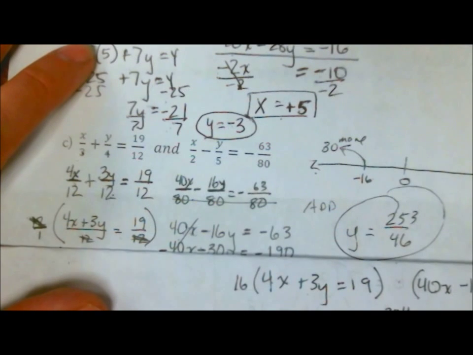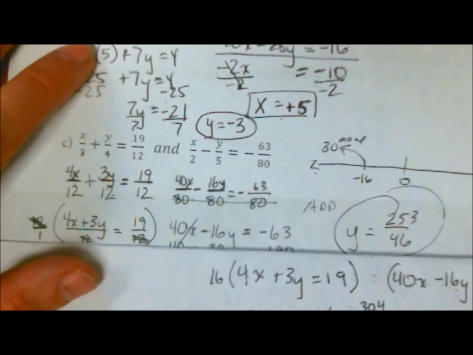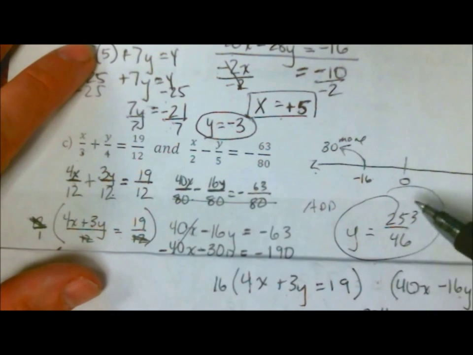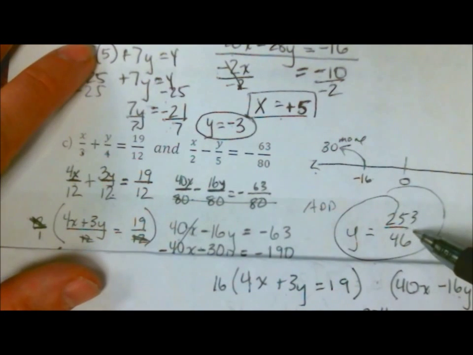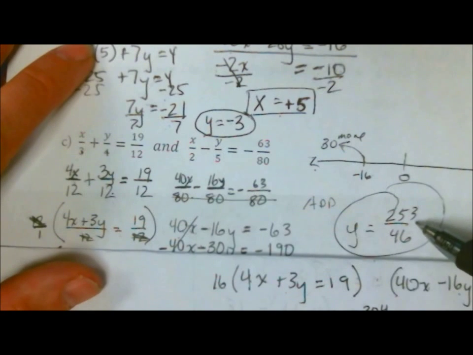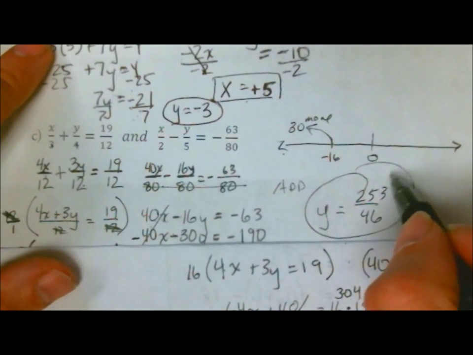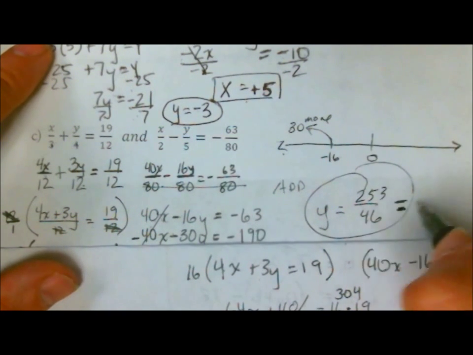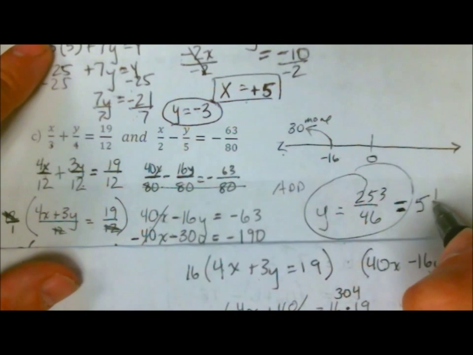Now I accept either one of those. Those are just fine. But when you start to reduce these fractions, you start to recognize that they're divisible by certain things. I actually did the division here, and you eventually find out that this comes out to 5.5.